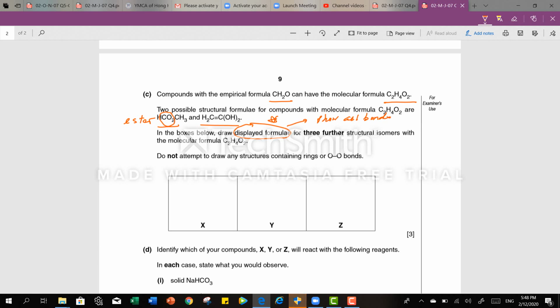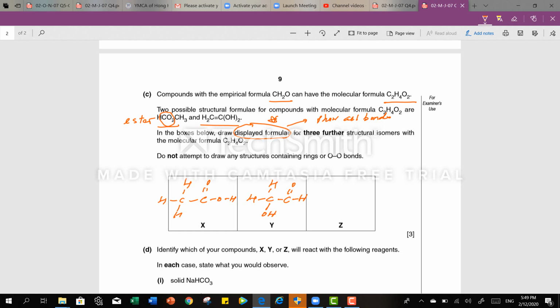Draw three further structural isomers with the molecular formula C2H4O2. So now this is an ester, this is an alkene. I will suggest one of them should be a carboxylic acid. So let me try. C2H4O2, right. And the other one, I think, is an aldehyde, together with an alcohol.